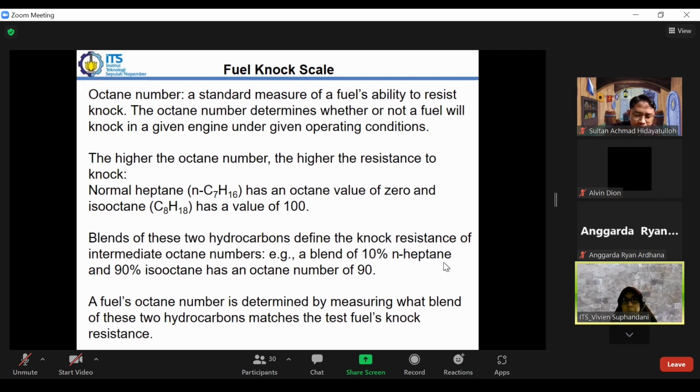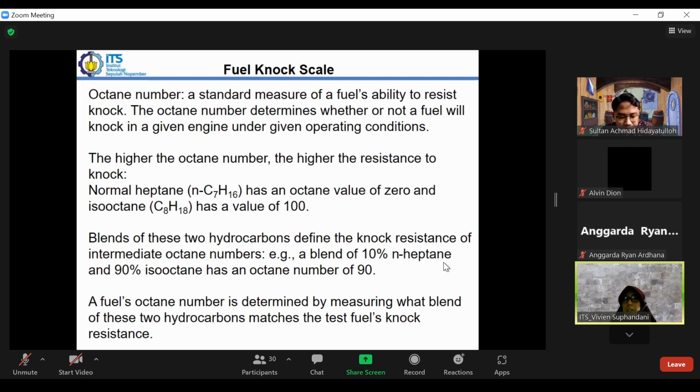As mentioned before, isooctane has a value of 100, and normal heptane or N-heptane has an octane value of 0. So how can we say whether the octane number is 90 or 80, for example? That depends on the blend or the composition of these two hydrocarbons.